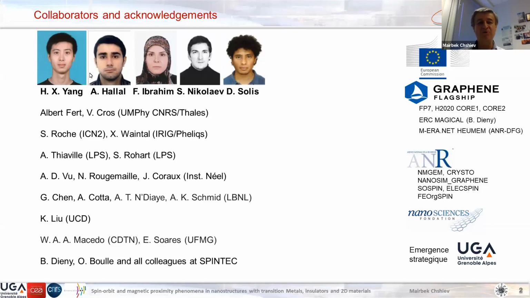Ali is now looking for a permanent position, so he's excellent, and I highly recommend him. Fatima is also applying for positions, also excellent. Sergey Nikolaev spent 18 months with me, and now he's in Japan.